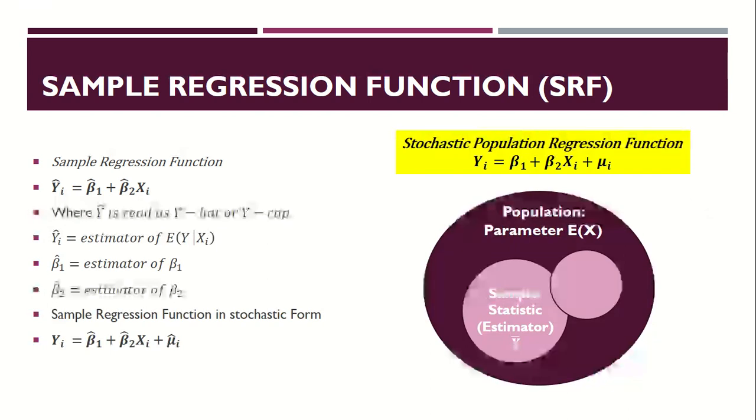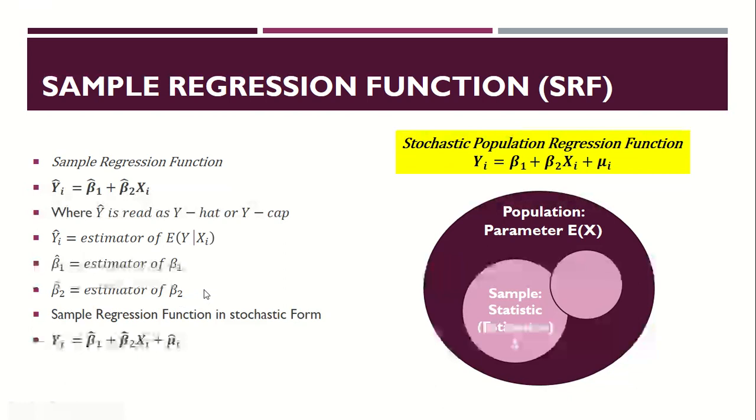Instead we take samples. For each sample we produce a sample regression function, and now we have statistics, and these are estimators. In this case the intercept, this one, is an estimator of the population parameter, and here is the slope, this one, and it is the regression coefficient, and it is the estimator of the population slope parameter, that is beta 2.